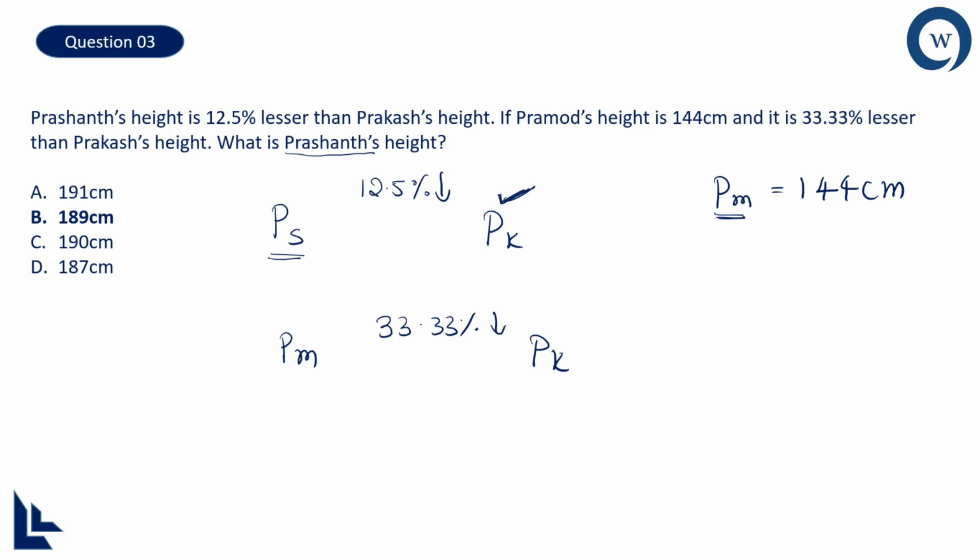What is needed and what is available. So I'll tell you once again, you need to find out the height of Prashant. To find out the height of Prashant, you definitely need Prakash's height, and Prakash's height can be identified by taking a reference of Pramod's height.